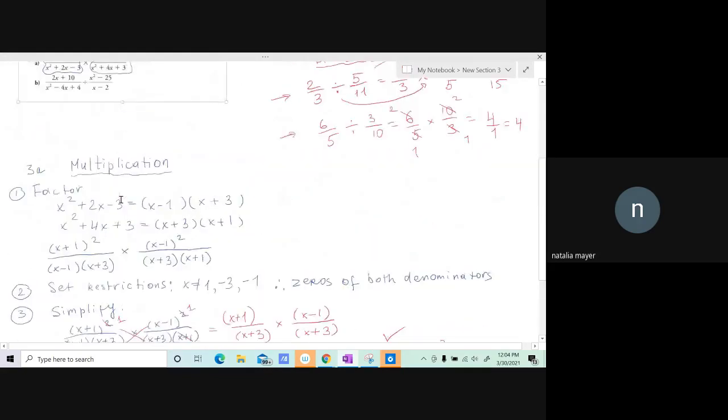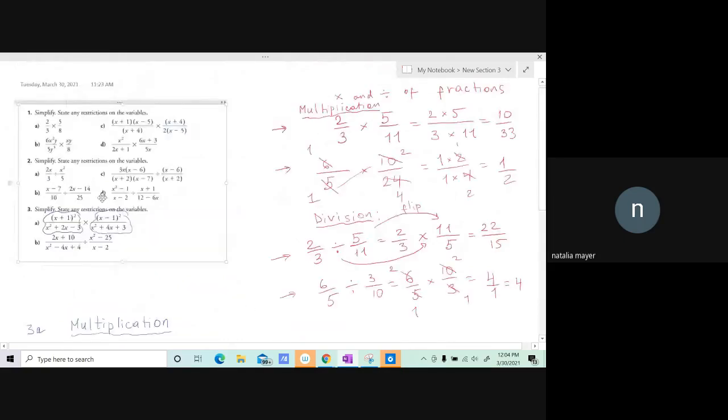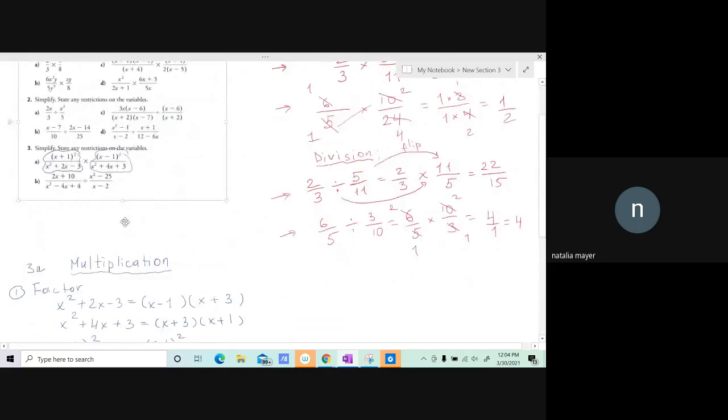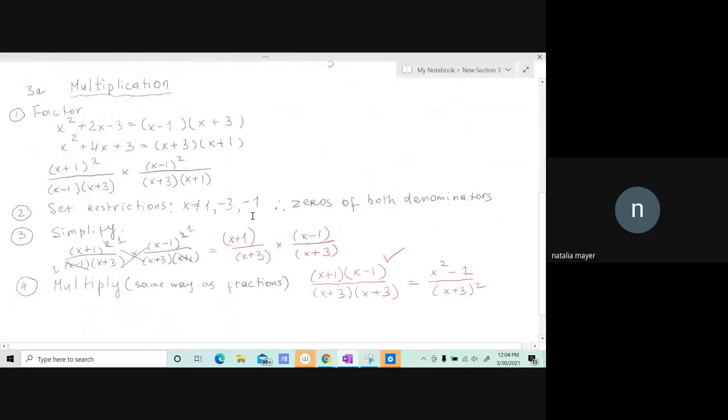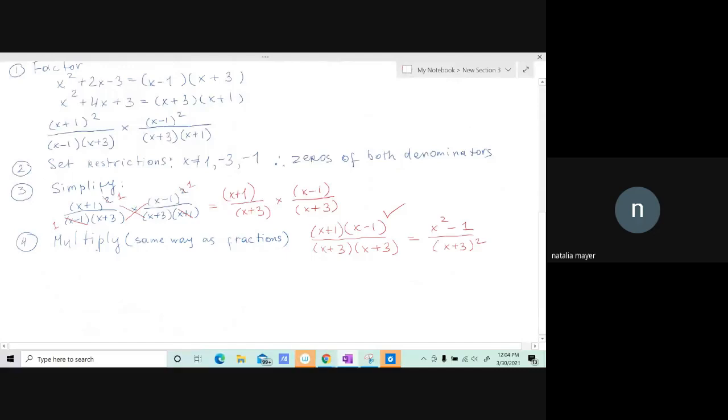I'll write it down here: 2x plus 10 over x squared minus 4x plus 4. So we're moving to division now.